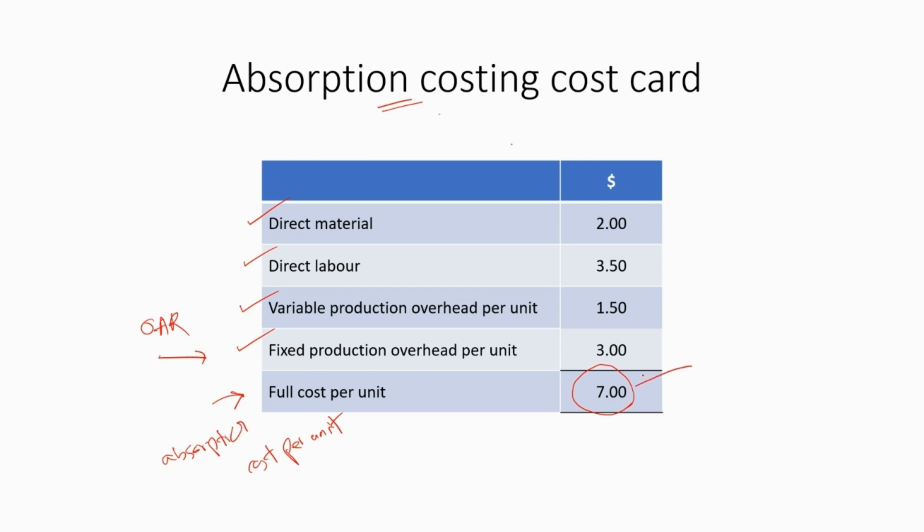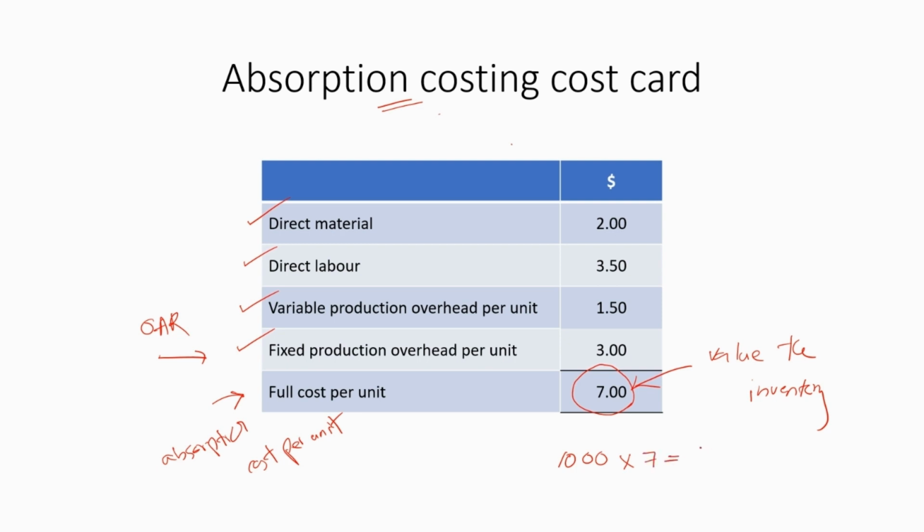So this absorption costing cost card can be used to calculate the full cost per unit, which is this. Using this value, we can value the inventory, meaning this is the total production cost per unit of the inventory. If the inventory has 1000 units, we can simply multiply by the total production cost per unit.